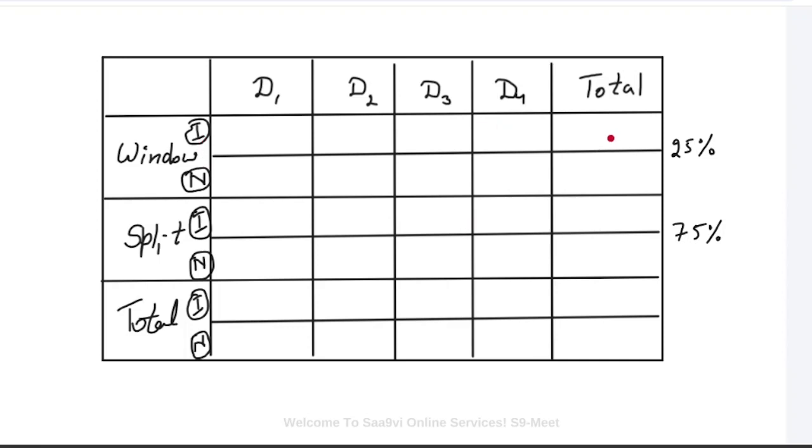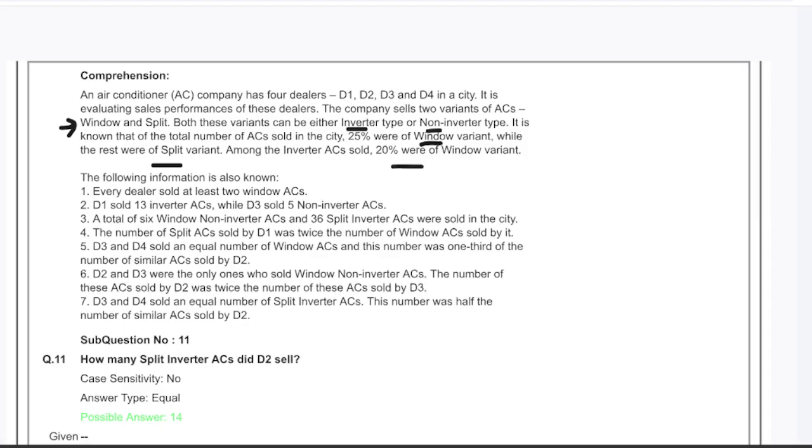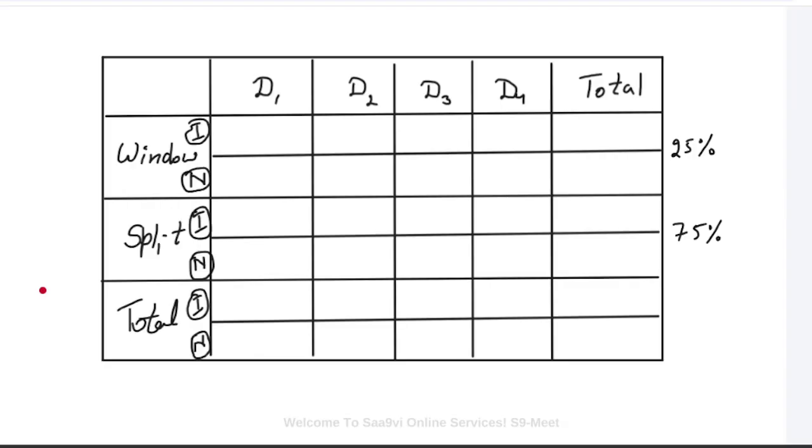Let's just check this once again. The inverter ACs, this is going to be 20% of total inverter, and split will be 80%.